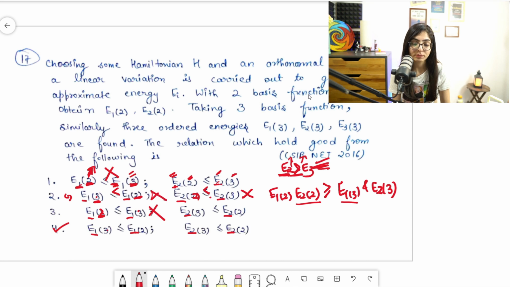This is also wrong. Coming to this part, here 2 is greater than 3. Again in the fourth part, can you see 2 is greater than 3? So I can blindly, just in seconds, say that, just by seeing that here 3 functions are there, here 3 variational parameters will be there. So obviously this is E3, the third trial wave function.